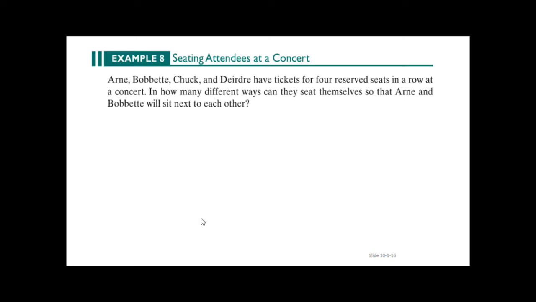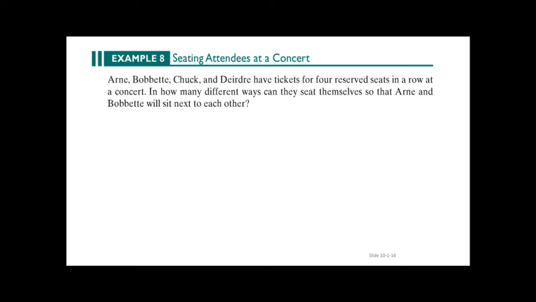Anyway, we're going to refer to these people as A, B, C, and D. And what we want is them to sit down so that A and B are next to each other. So we have a little bit of a stipulation there that we have to keep in mind, but we still have a multi-part task.